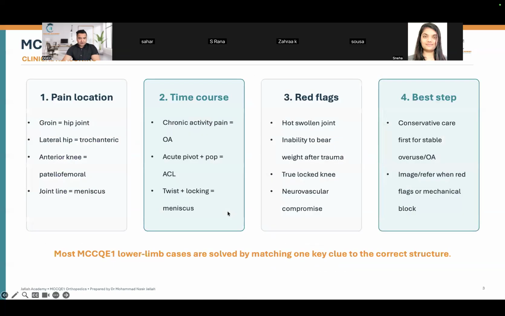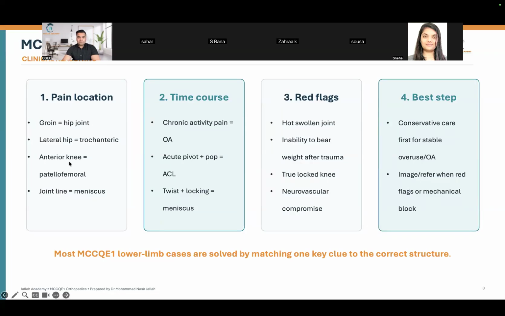All right, so let's move on. Pain location, time, red flag, and best steps. Today we're going to focus on the hip, where usually the patient will come with groin pain. Lateral hip is usually trochanteric in origin.